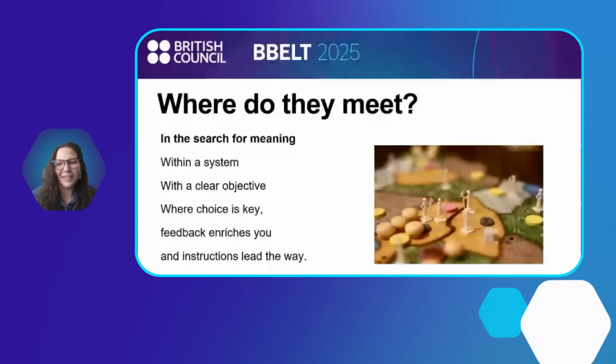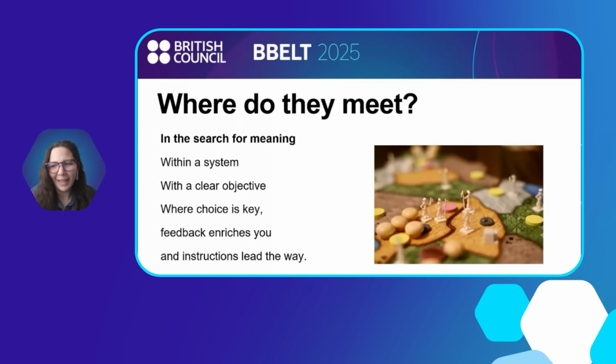And here is a little bit of a summary of how the communicative approach and game design principles meet. So the main thing is that they are both searching for meaning. In language, we're trying to find the way to communicate what we mean, while in games, we're trying to create a meaningful experience.